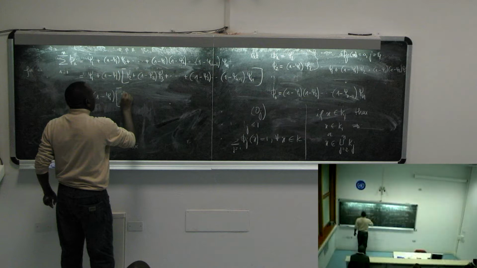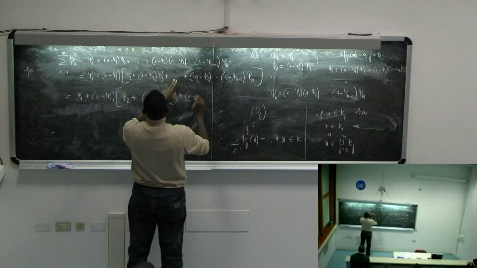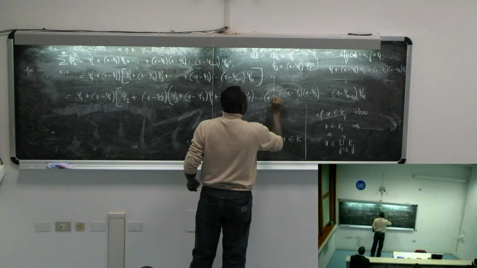Factor out, we will have psi 3 plus 1 minus psi 3 psi 4, and so on. And the last will be 1 minus psi 3 up to 1 minus psi n minus 1 psi n. This is what we have.